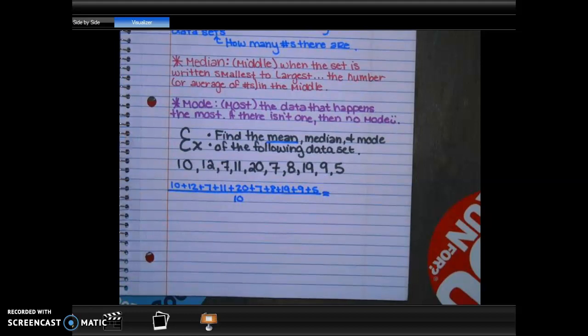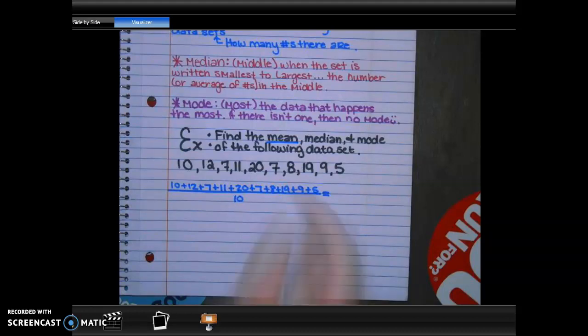And here's where calculators come in handy, and there's no shame in using calculators when you have to add a whole bunch of numbers together. And they'll let you use calculators when you're dealing with data. So we have 10 plus 12, plus 7, plus 11, plus 20, plus 7, plus 8, plus 19, plus 9, plus 5.